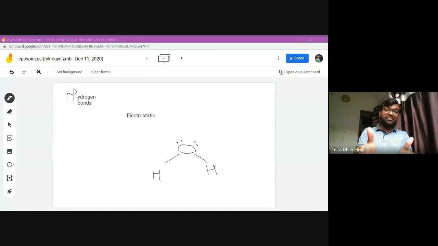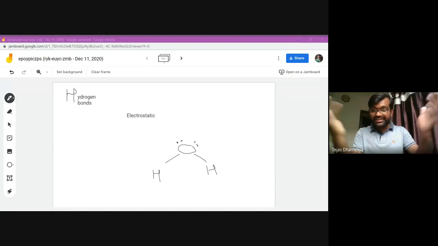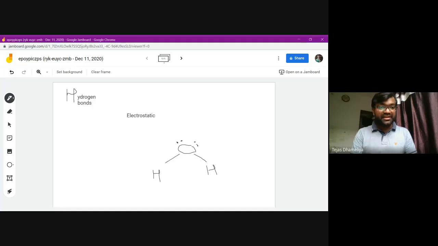The electronegative atom in the case of water itself is oxygen. So this oxygen has a lone pair, and that will make electrostatic interactions with the hydrogen. Maybe this hydrogen belongs to another water molecule.